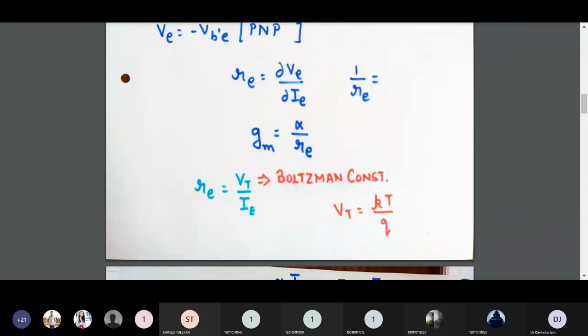So guys, now I am replacing my RE with this. The formula is gm is equal to alpha upon RE. Replace RE with VT upon IE. Please do the needful. Once you have done it, let me know.